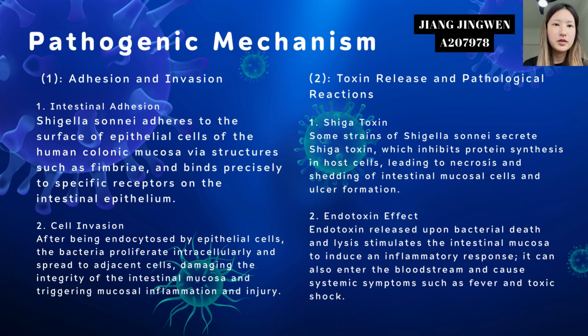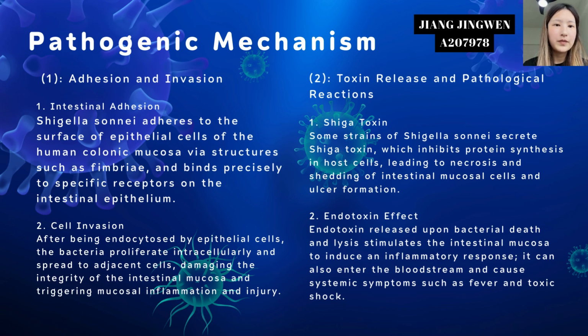pathological reactions. 1. Shigella toxin. Some strains of Shigella sonnei secrete Shigella toxin, which inhibits protein synthesis in host cells, leading to necrosis and shedding of intestinal mucosal cells and ulcer formation. 2.